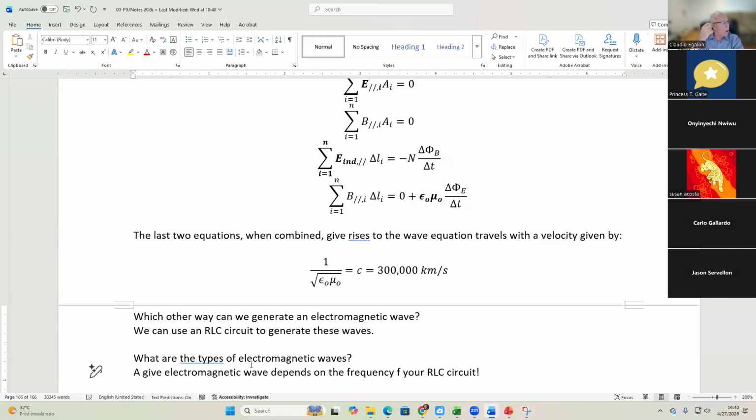And let me list all the types of electromagnetic waves we have out there. A given electromagnetic wave depends on the frequency f of your RLC circuit. Okay.